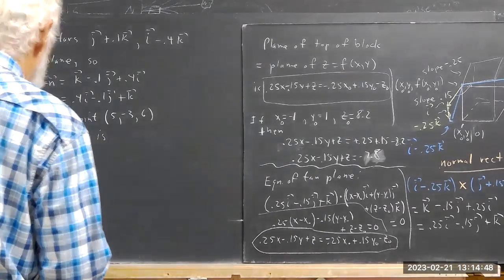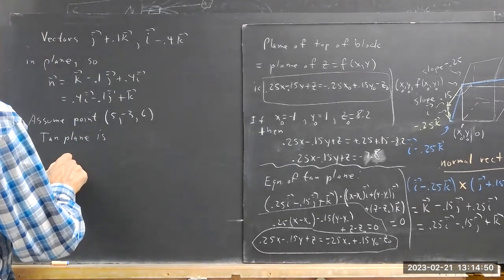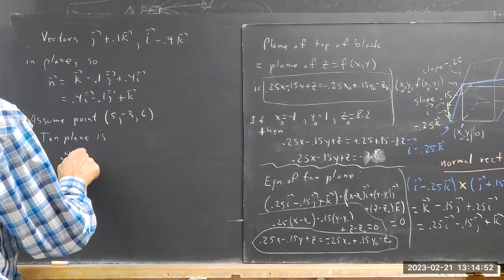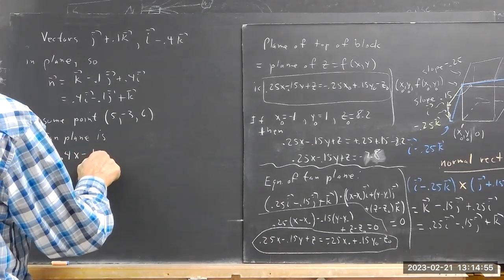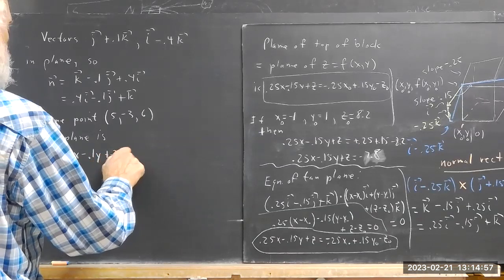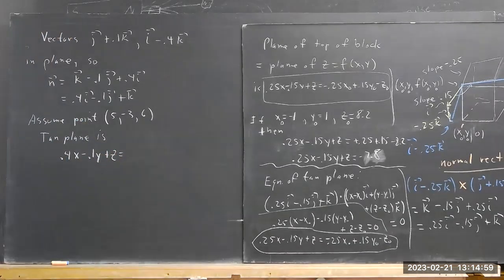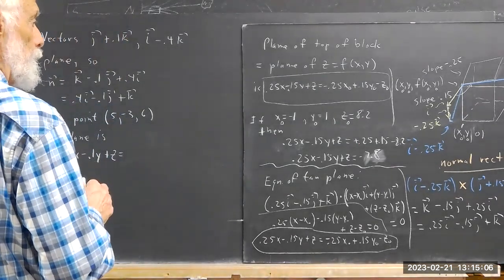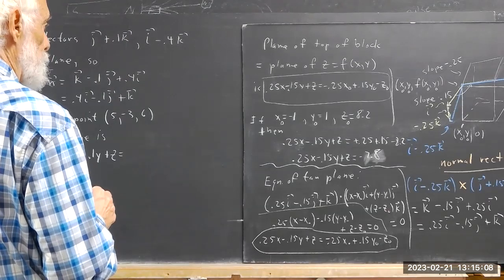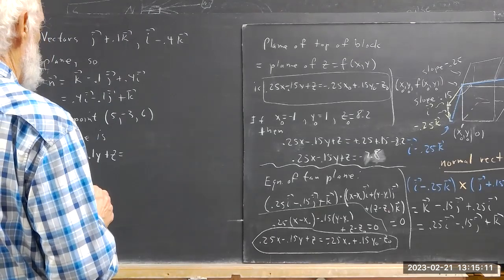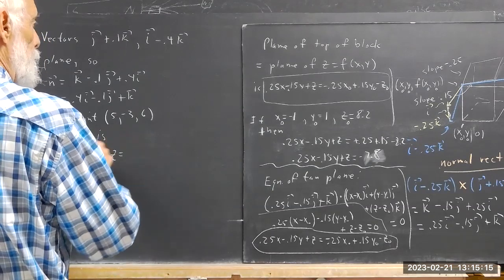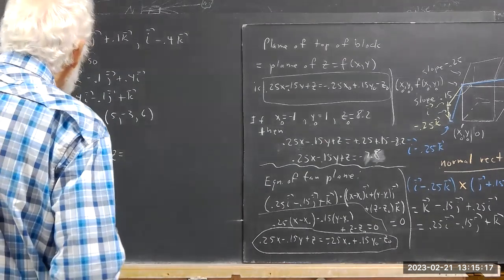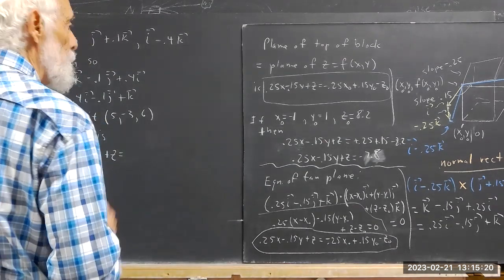So the tangent plane is going to be 0.4x minus 0.1y plus Z equals, be careful, -0.25. No, it's not -0.25. I better write it out. Except I'm going to write it out this way.